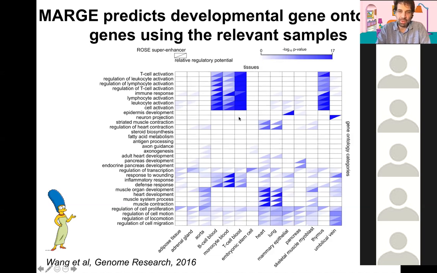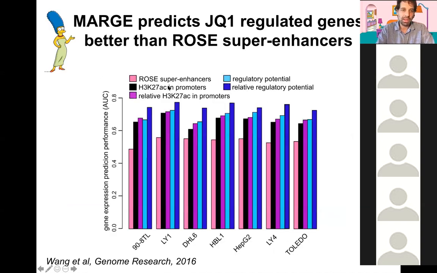So we believe this kind of analysis is a lot better than the ROSE analysis. The other thing is that the super enhancer analysis was supposedly the response to these BET inhibitors, for example JQ1, that the super enhancers were supposedly the thing that could predict the genes which would respond to these drugs.